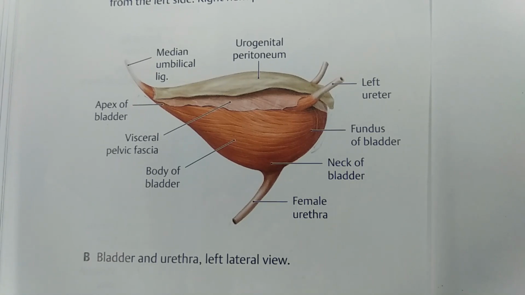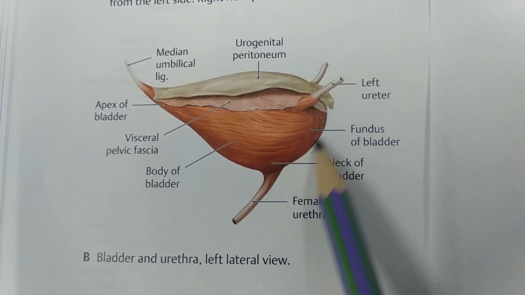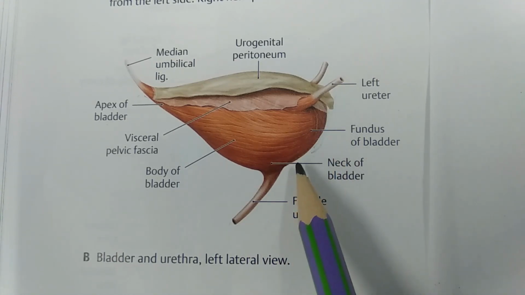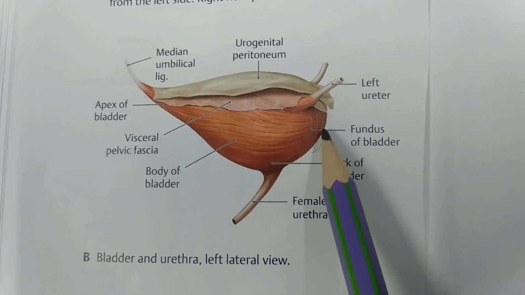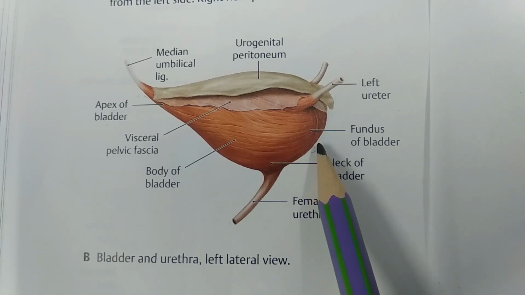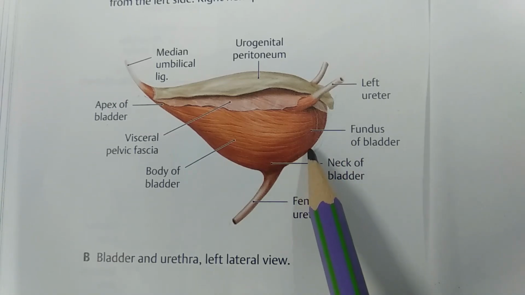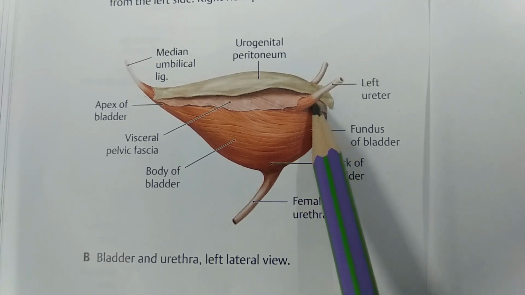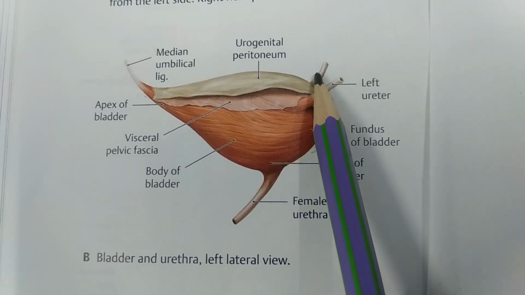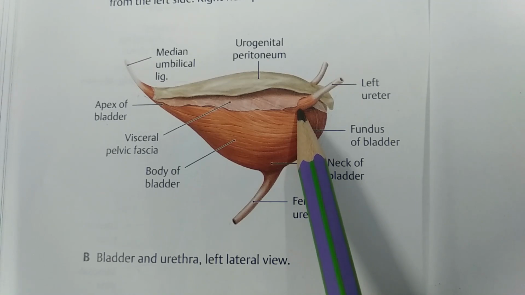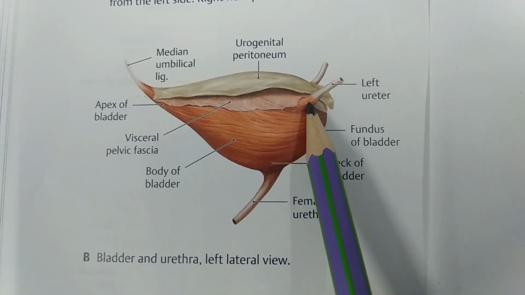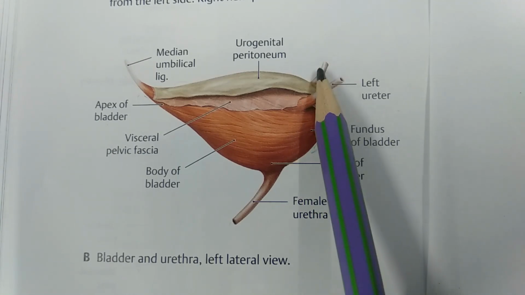Now let's talk about the base or the posterior surface of the bladder. It faces posteriorly and is almost triangular in shape. You can see here the superolateral angles, which are joined by the two ureters, right and left.